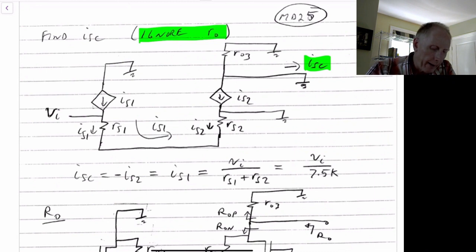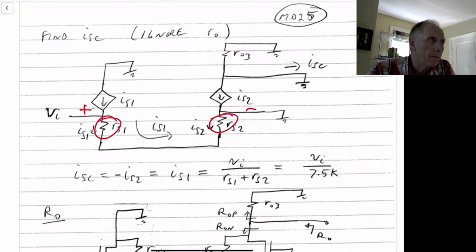IS1 is just going to be given by this voltage VI all the way to ground divided by RS1 plus RS2, which are in series. So IS1 is given by this result.